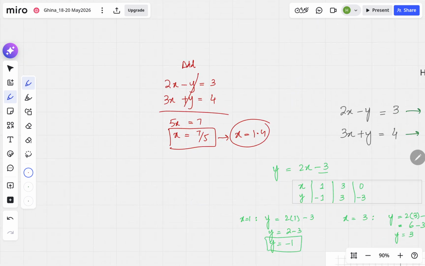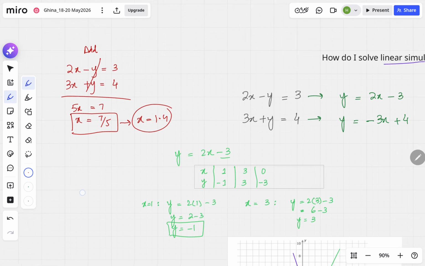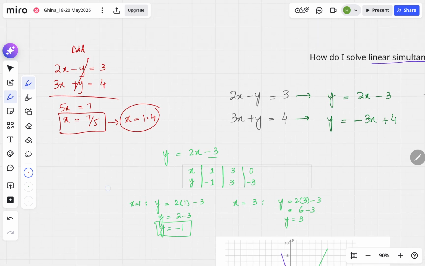And let's put this x value in any of the equations to get the value of y. I have this equation already, so I'm using y equals 2x minus 3.